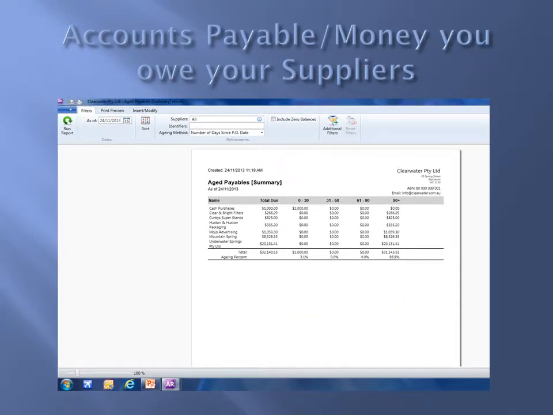Now, the report that you produce for accounts payable is the money that you owe your suppliers. And again, it's very important that you get this right, because if you don't, you can have your figures distorted. Again, I've seen clients who have had entries on here that go back 2 or 3 years where they've never bothered to clear them out, or it's all been too hard.